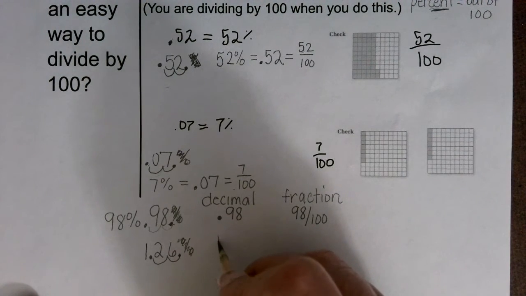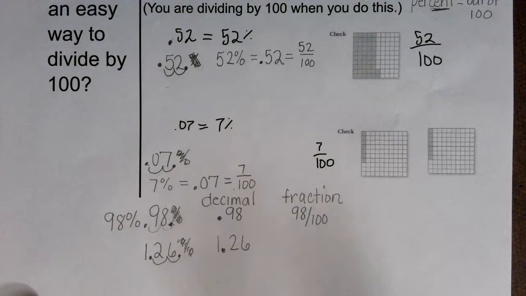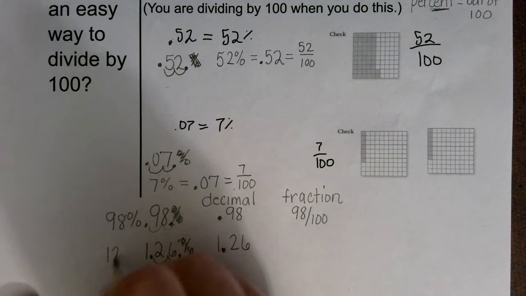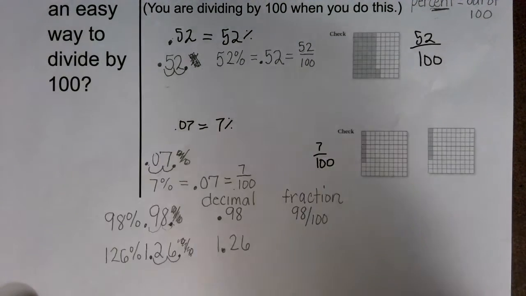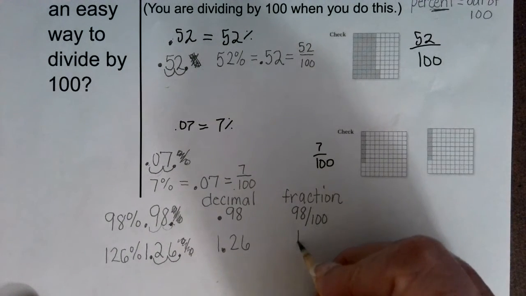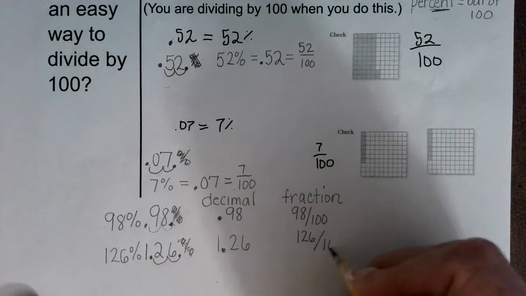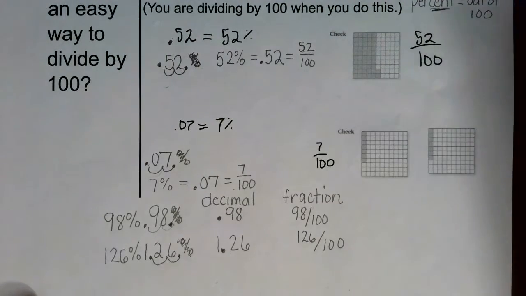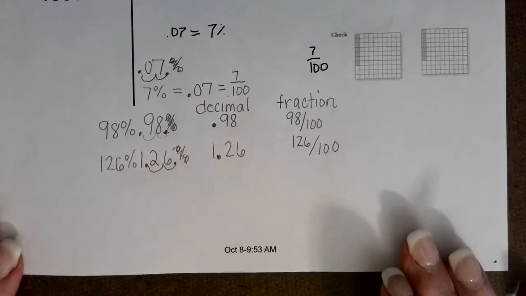So as a decimal, 126% is written as 1 and 26 hundredths. And then remember that this was 126%. And so that means we have 126 over 100.